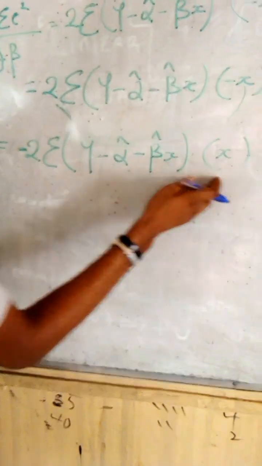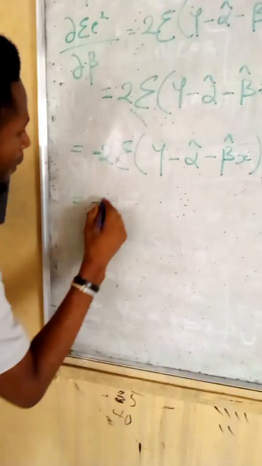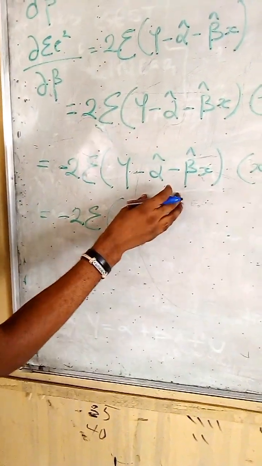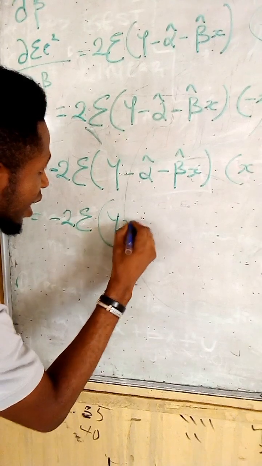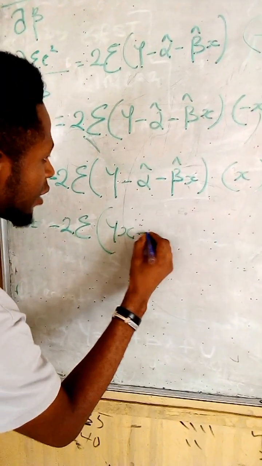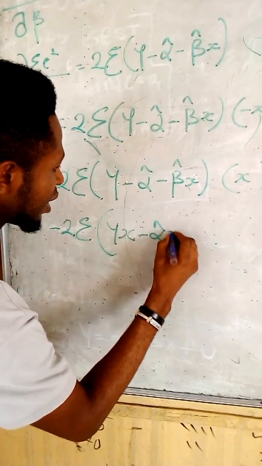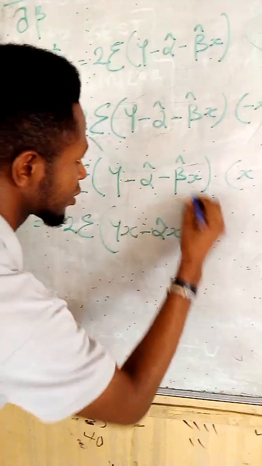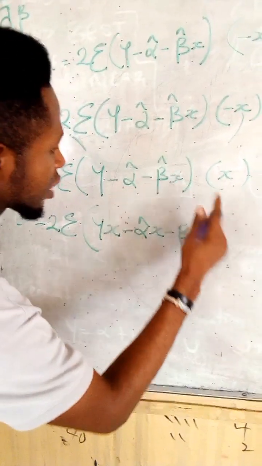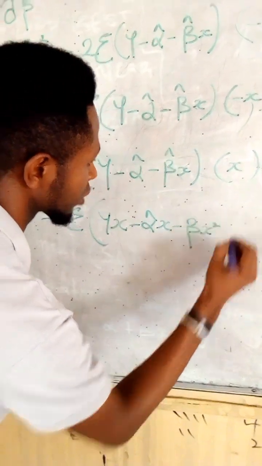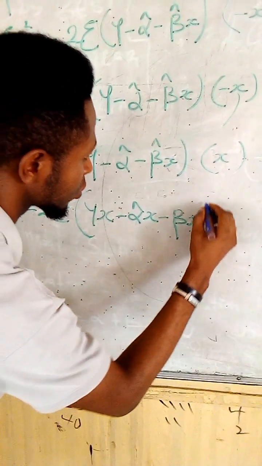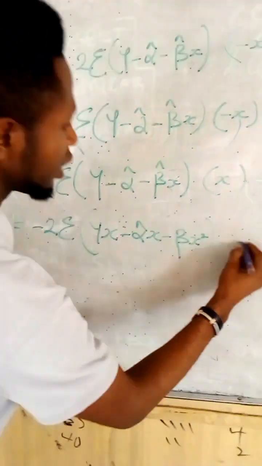The next thing to do is to multiply this x with this. So we have minus 2 summation, multiplying x with the terms inside the bracket. We have y x minus alpha cap x minus beta cap x squared, bracket close, equals 0.